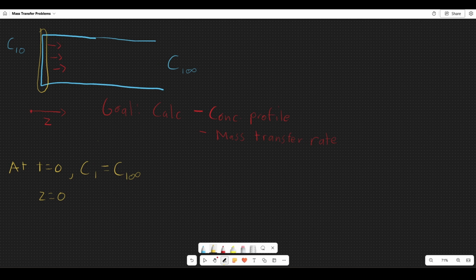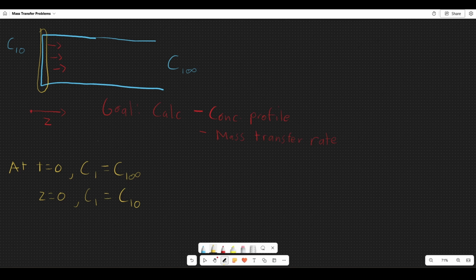So we can safely assume that as soon as we drop the block into this solution that has a concentration of C1 naught, at z equals 0, which is right here, the concentration on the block will also be C1 naught. So at z equals 0, C1 equals C1 naught. Perfect.